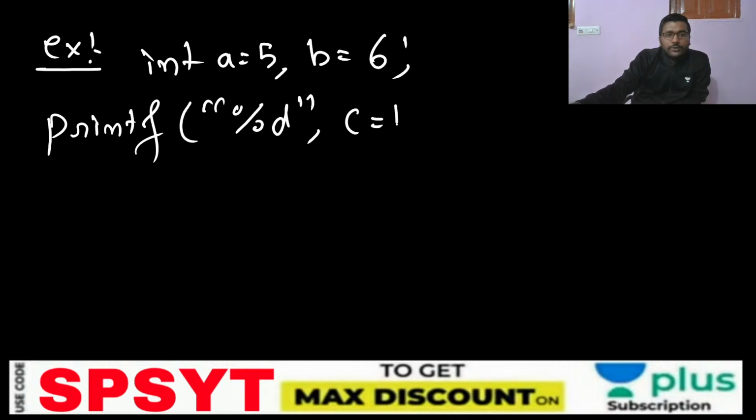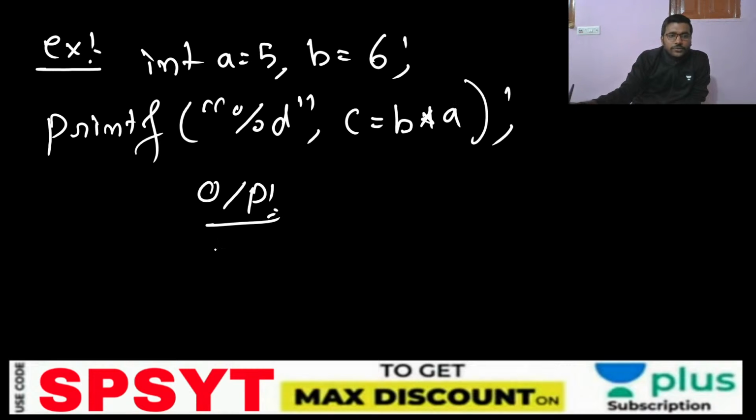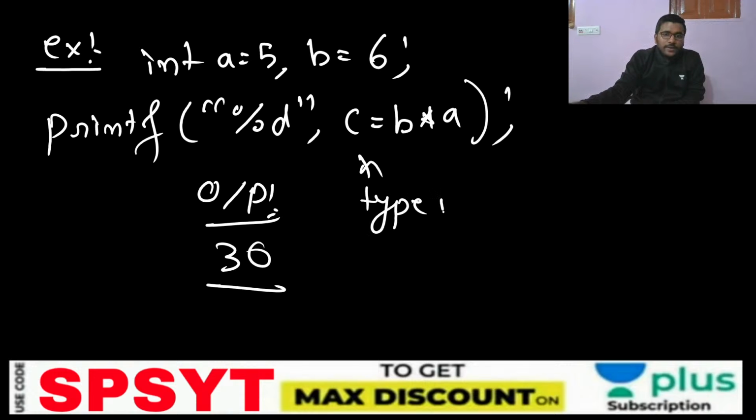c is equal to b into a, so the output will be 6 5 is 30, so 30. Okay, 30 is the output, and the type is going to be int. Why? Because the left side is int, the left operand is int.